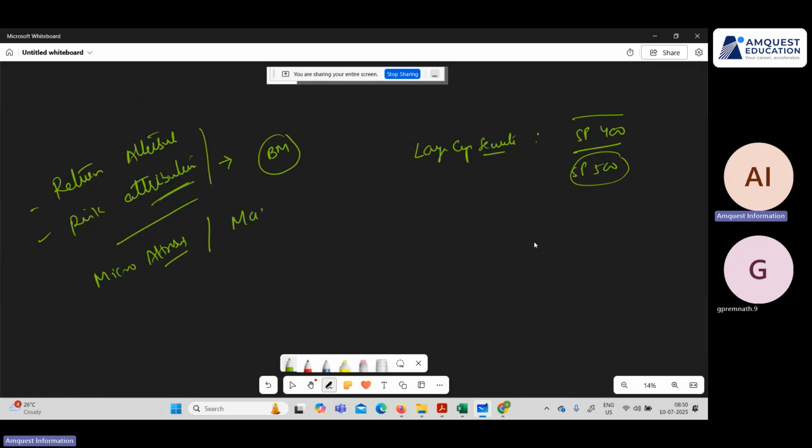and macro attribution. You can imagine the difference in the words of macro versus micro. So when I look at micro attribution, this is at an investment manager level, or you can say it's portfolio manager level.